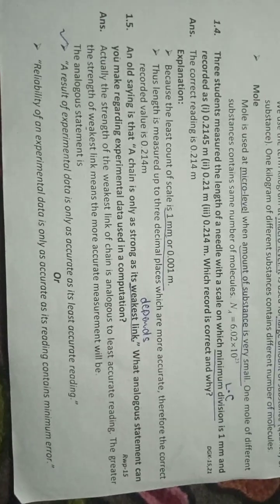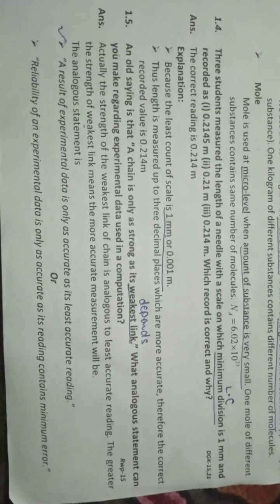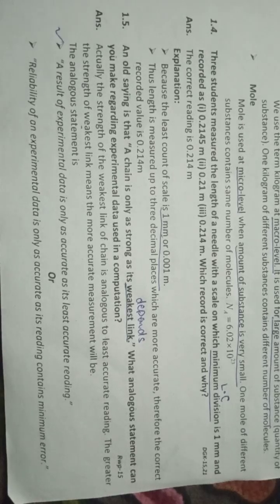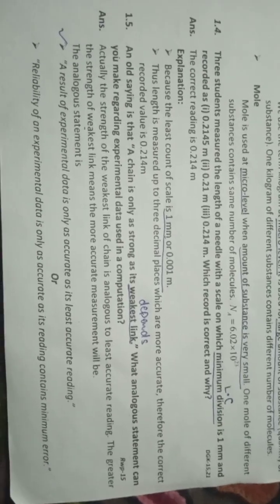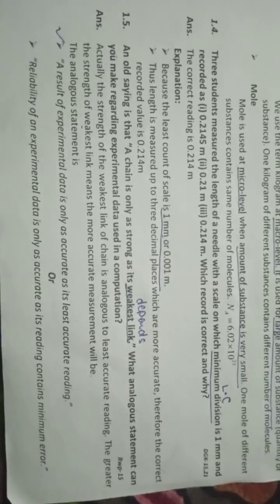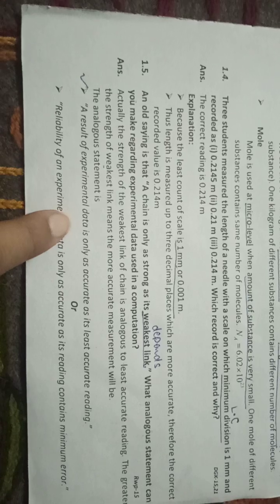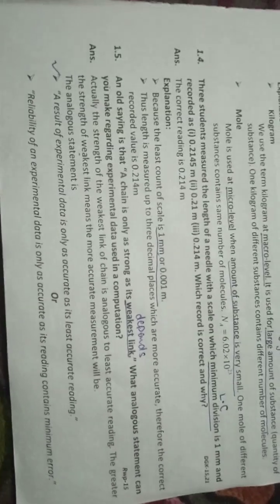Okay, a chain is only as strong as its weakest link, which means the chain depends upon its weakest link. So we can make a similar statement for experimental data: a result of experimental data is only as accurate as its weakest reading. Yes, its least accurate reading.